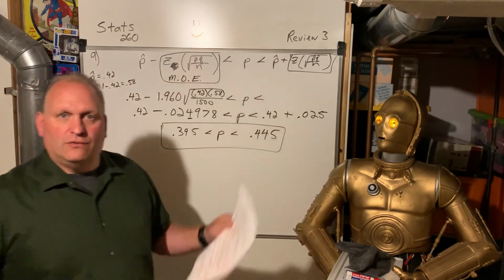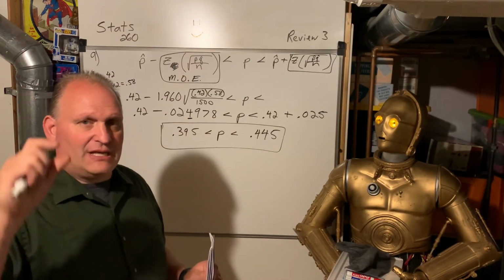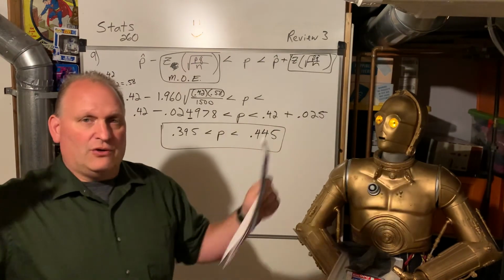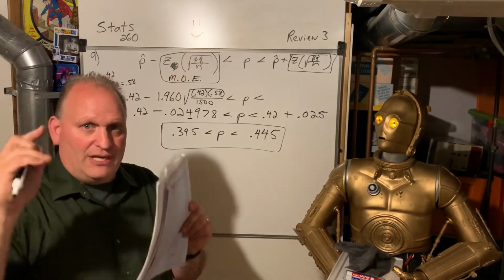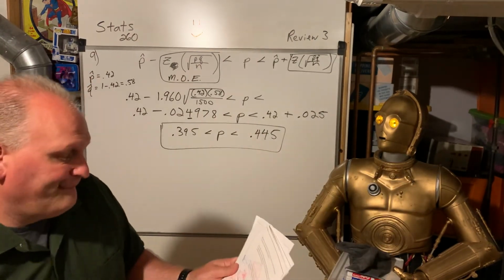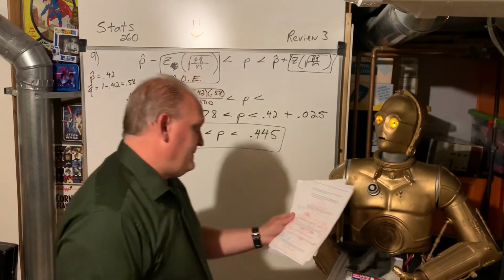So when you up the number and don't change anything, going from 95% to 99% confidence, the interval gets wider. If I go from 95% down to 90% confidence, the interval gets smaller. All right? Okay, let's look at number 10.